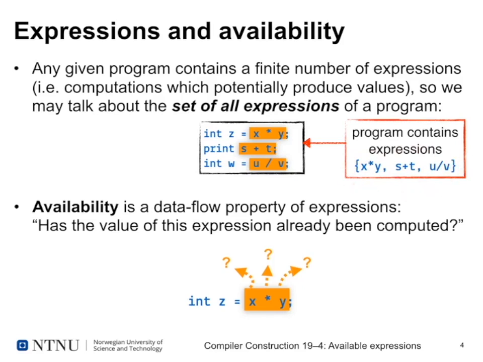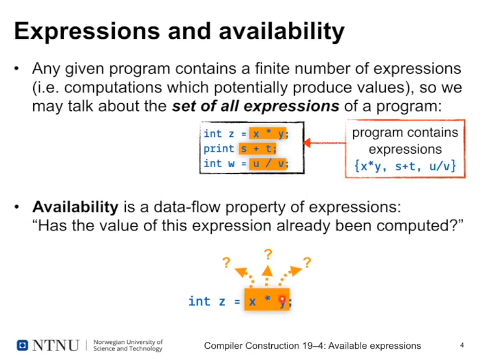So we are now considering availability of expressions. Availability, as with the properties we've seen before in static analysis, is a data flow property of a given expression, and availability asks the question: has the value of the expression we are currently looking at already been computed?